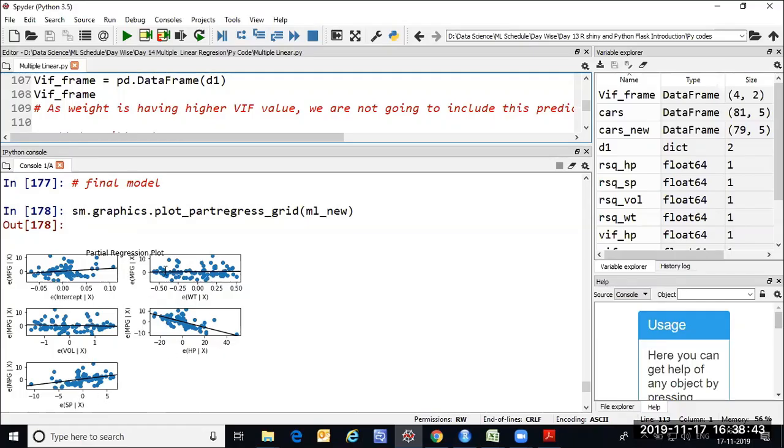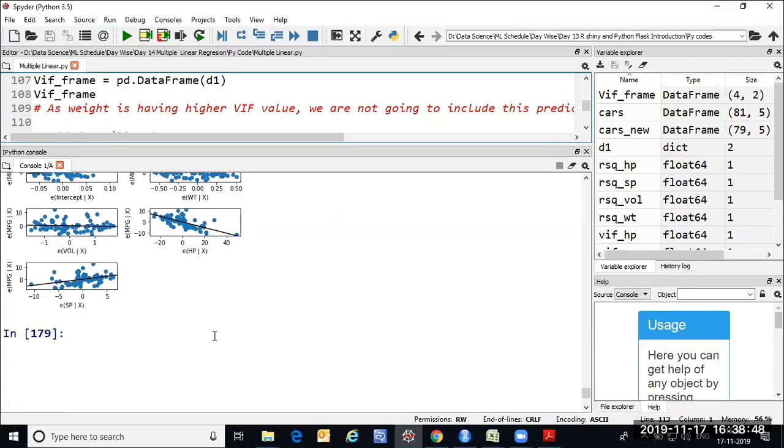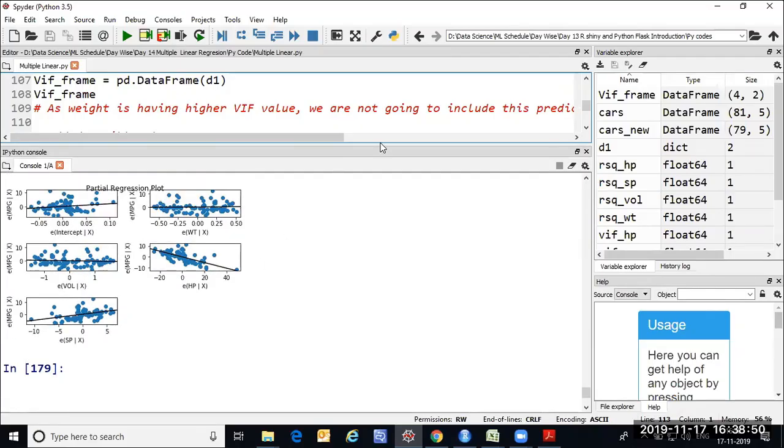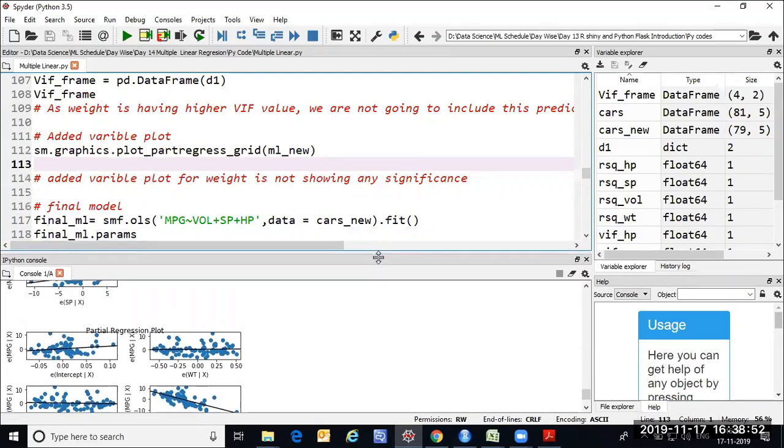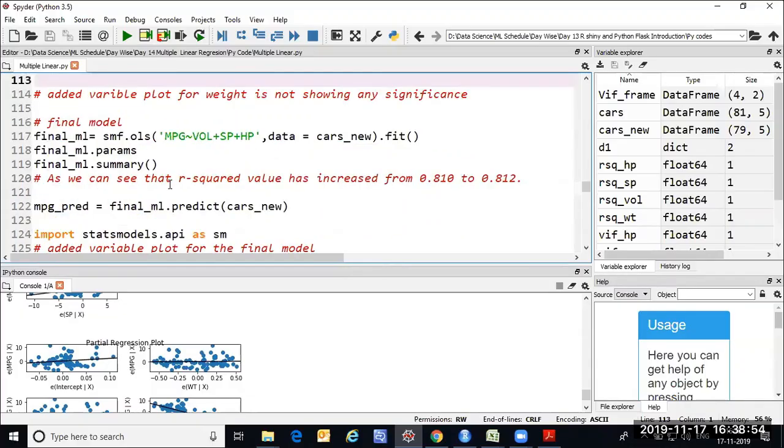Weight seems to be very much parallel to this 0, right? Based on that, you can take a decision which variable to be removed. Finally, we are removing the weight and building the final model.